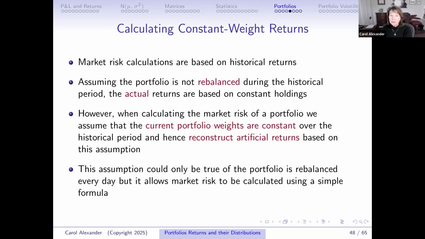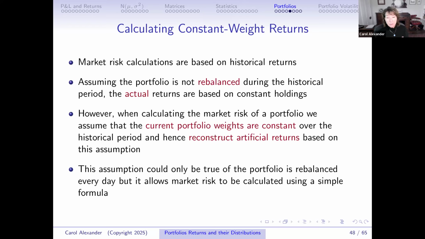Okay, so market risk calculations are based on historical returns. If you just assume that what you've got at the moment was not actually rebalanced during the historical period, probably it was, but if you just say, okay, I'm just going to recreate a hypothetical value based on the holdings that I have now, you can do that.